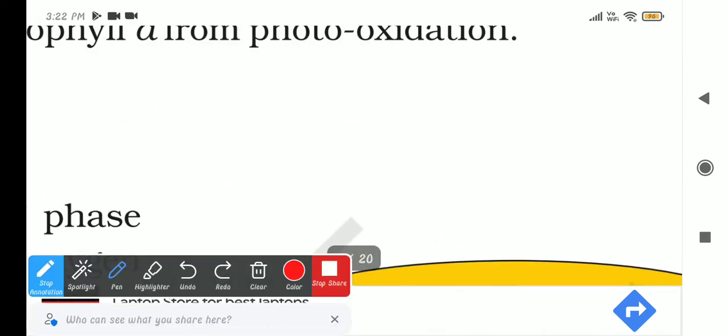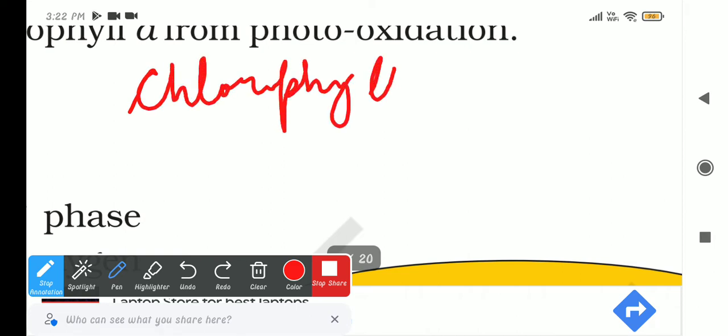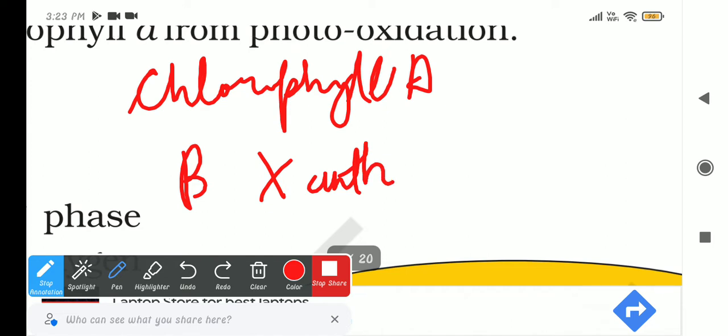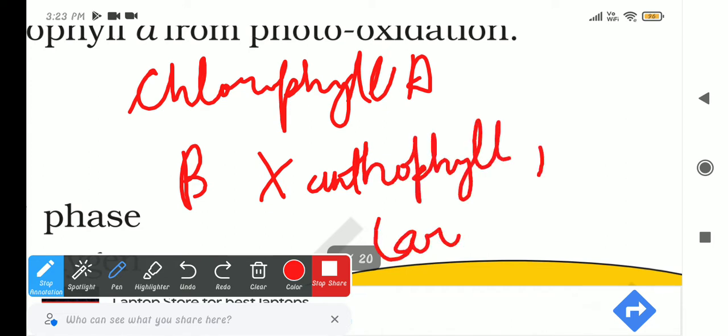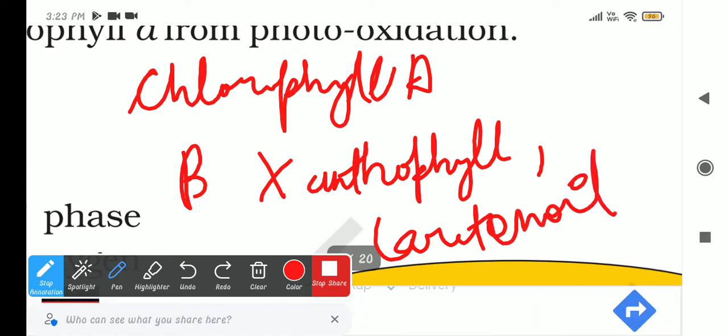We had four pigments, no? We had chlorophyll A, chlorophyll B, xanthophylls, and carotenoids. We had these many pigments, no?